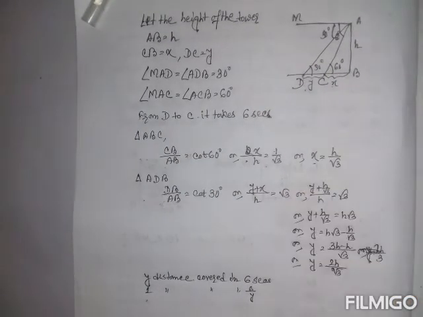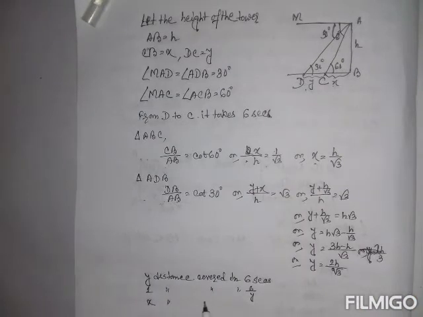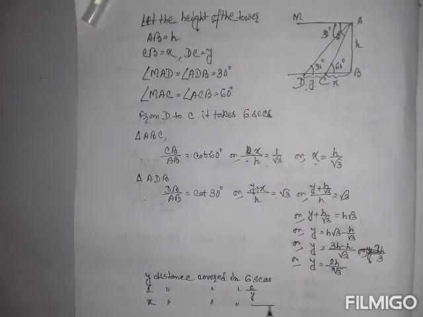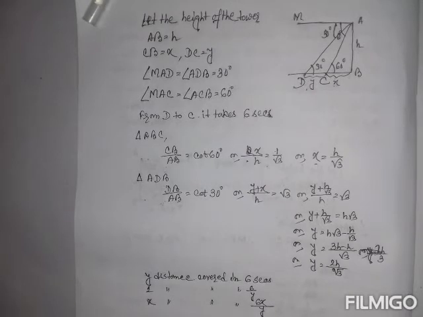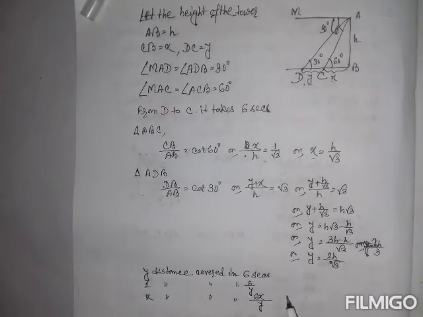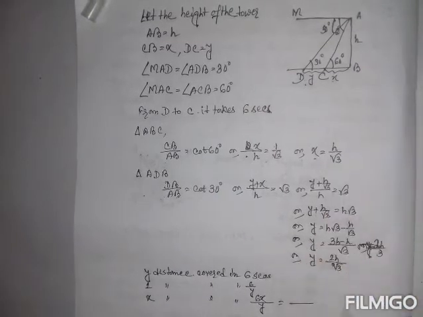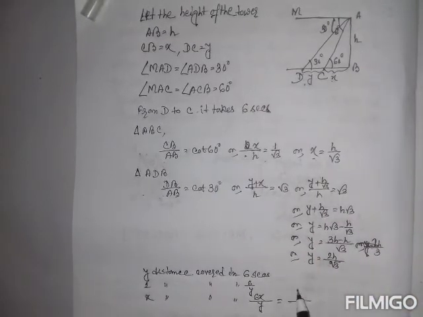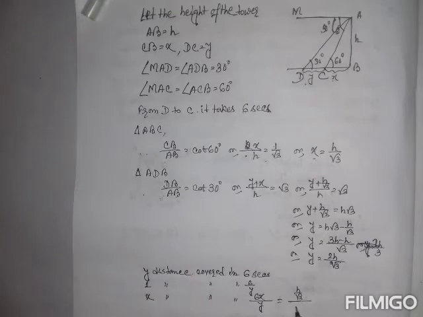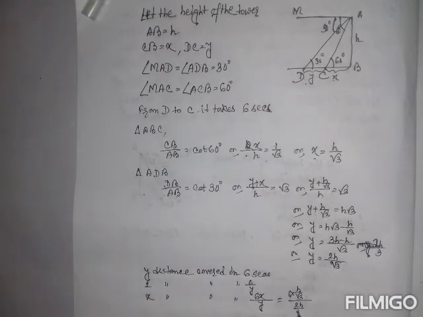X distance will be covered in 6X by Y. Now we can put the value of Y here, and also the value of X. X means H by root 3 and Y means 2H by root 3.